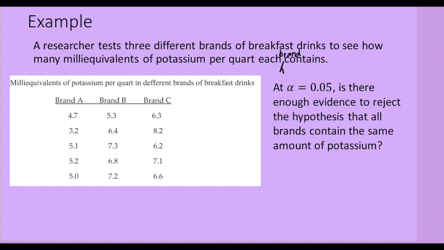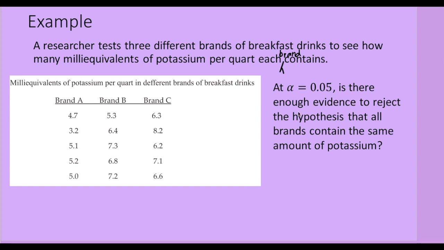Let's look at this example. A researcher tests 3 different brands of breakfast drinks to see how many milliequivalents of potassium per quart each brand contains. So these are the data of the milliequivalent of potassium per quart in different brands of breakfast drinks.